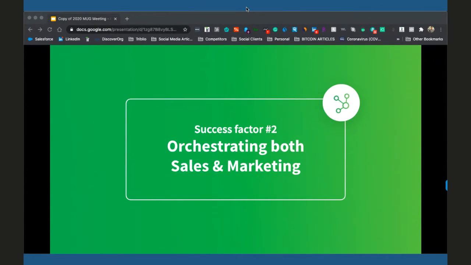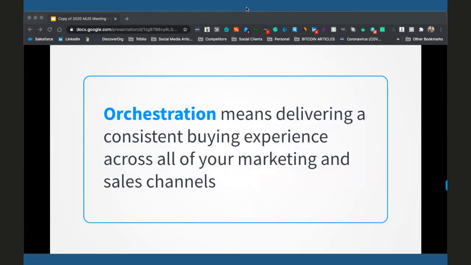And so when we talk about orchestration, we think about delivering a consistent buying experience across both sales and marketing. That means everyone's got to be on the same page. And so we have an integration with Salesforce or Dynamics that allows sales reps to see all of the data that marketing sees: ad impressions served, personalizations presented on a website experience, where they sent it to a cadence through SalesLoft.